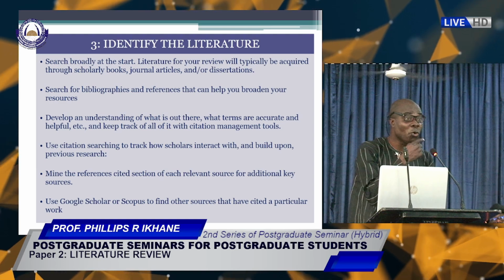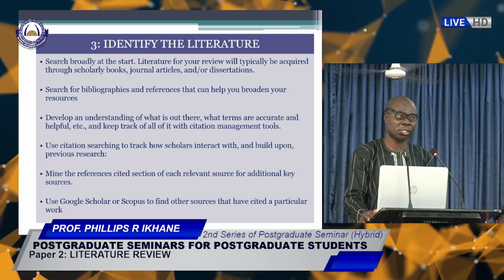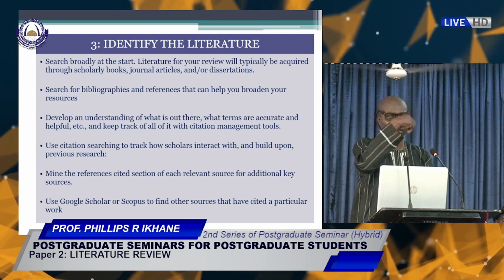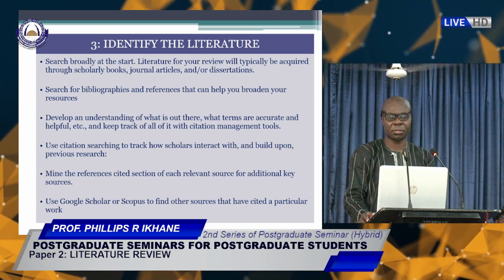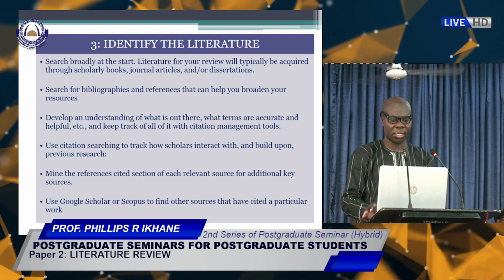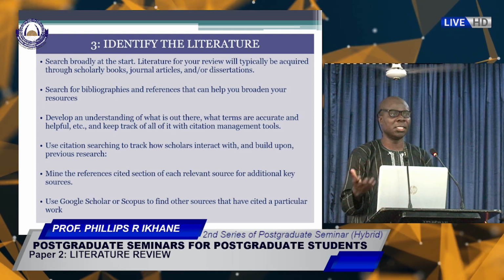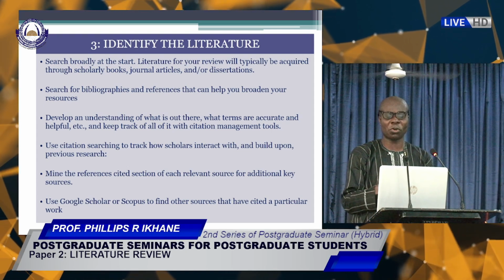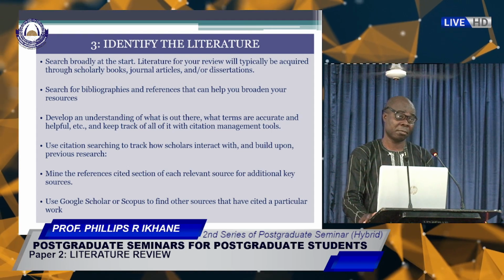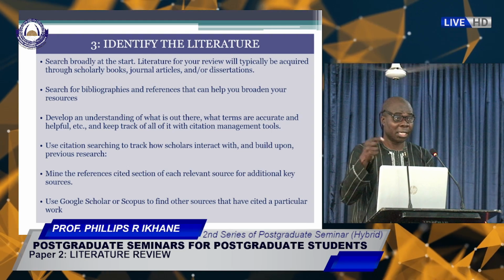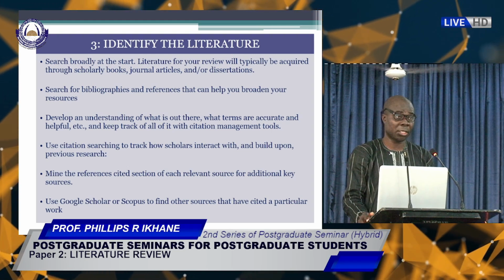You need to even go into all the theses and dissertations. You read about what people have done in journals, in books, and the like. The next thing is for you to look for references and bibliography. You write them out, and then you can know the type of journal to cite.